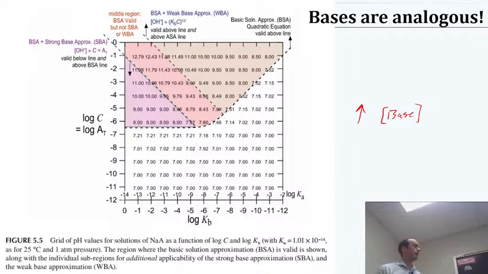So that is essentially the inverse of log Ka, and we'll talk a little bit about that. And as you see, the pH values that hold true for these are at least nearly 8, just like in the inverse case, the pH values were at most about 6. So it's the same approximations, kind of the same range where they're valid. It's essentially analogous to what we just talked about.